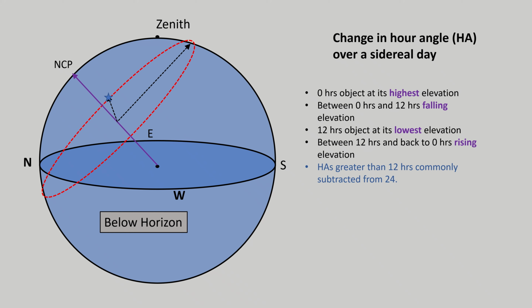Hour angles of greater than 12 hours are often, in fact usually, expressed as a value subtracted from 24. So instead of saying an hour angle of 21 hours, we say an hour angle of -3 hours. Instead of an hour angle of 22:30, we say an hour angle of minus 1 hour 30.